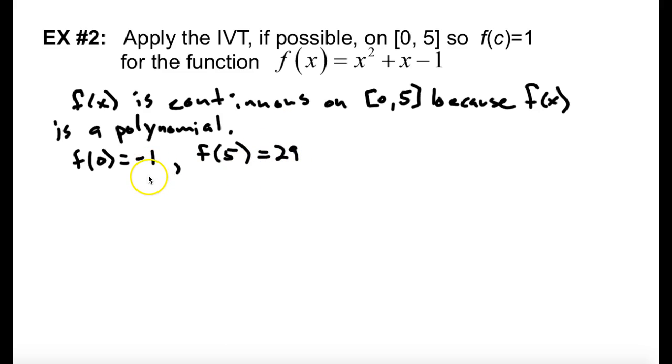So the y values of our endpoints are negative 1 and 29. So what we can then say is, this y value is in between the y values of our endpoints.